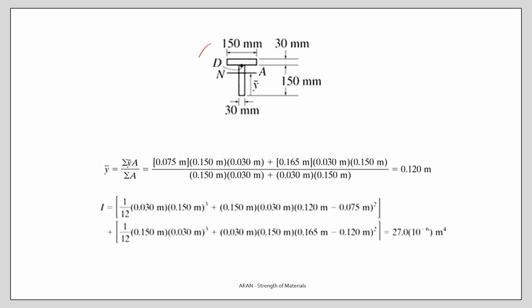Okay, this is my section. Well, this section will have a centroid and a neutral axis going through the centroid. We have to determine the position of the centroid Y bar. We will not go into details of how to determine the centroid. You will find videos in this playlist about this.